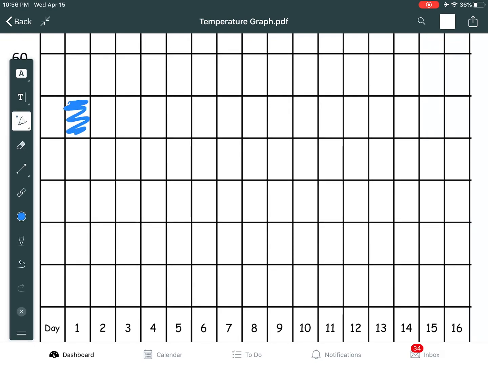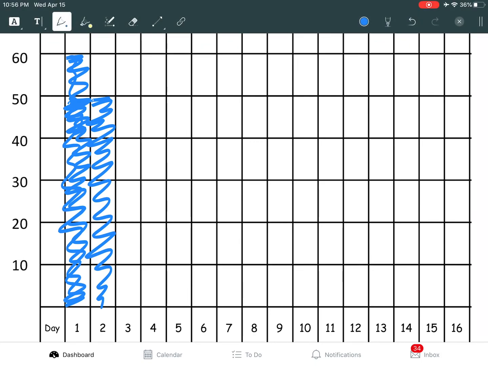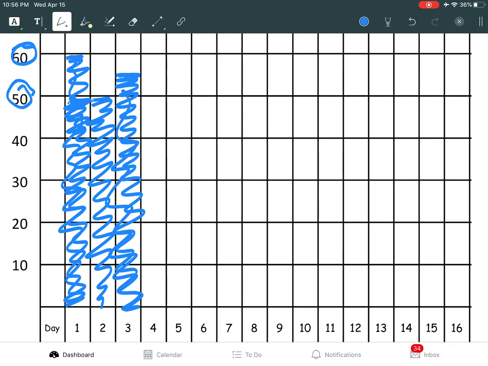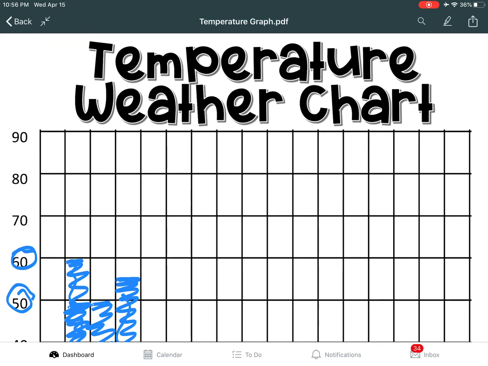So you would color here, 60, all the way up to 60. Let's say on day 2, it only got to 50. And so we did here. Let's say on day 3, it got to 55. So, move that up there. So if 60's right here and 50's right here, 55 would be right here in the middle. All right, so just do your best judgment and estimation. So that is for the temperature. So you don't have to do both of them. You choose whichever one you want to do. So that's the temperature weather chart.